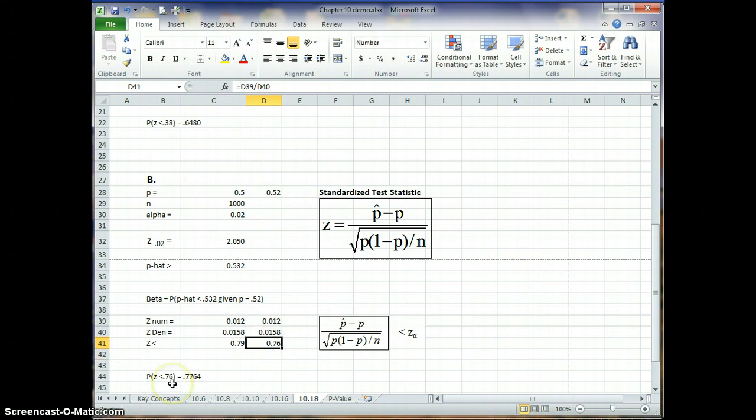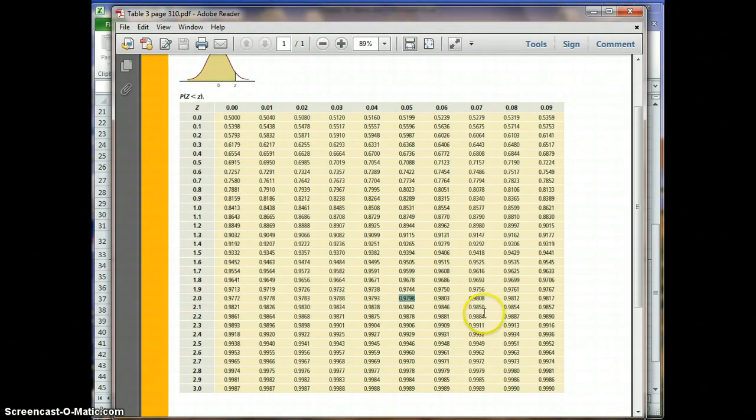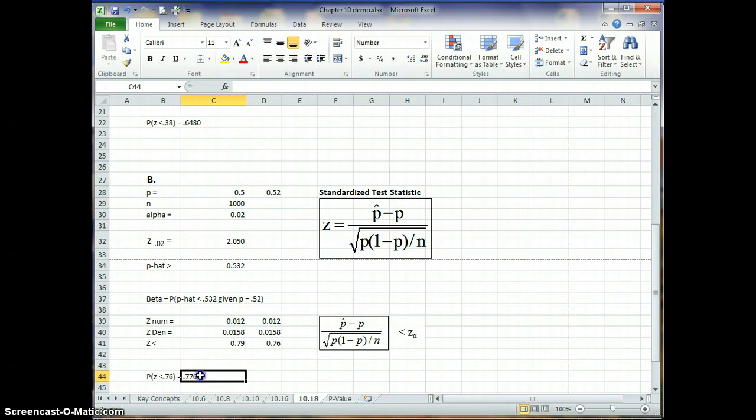So the probability of a z less than 0.76, and if we bring up the table there, 0.76, we see 0.7764, which is what we have showing right there, which gives us the probability of a type 2 error when p equals 0.52 and alpha equals 0.02.